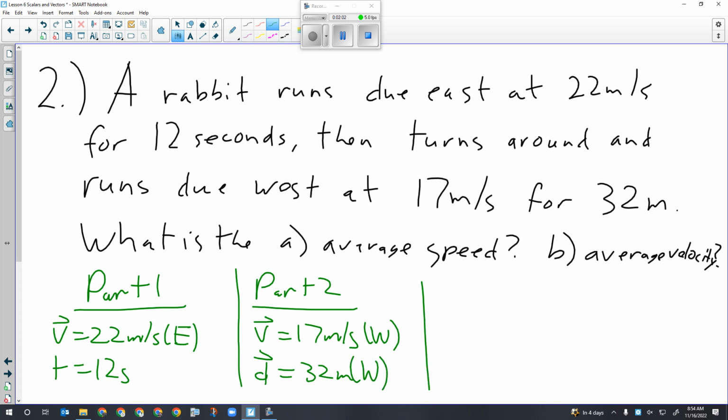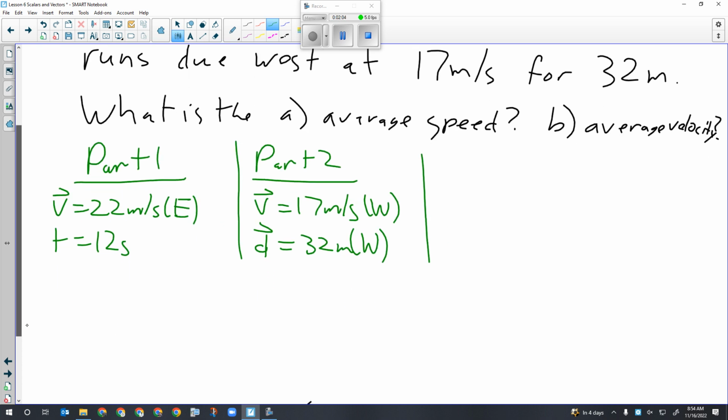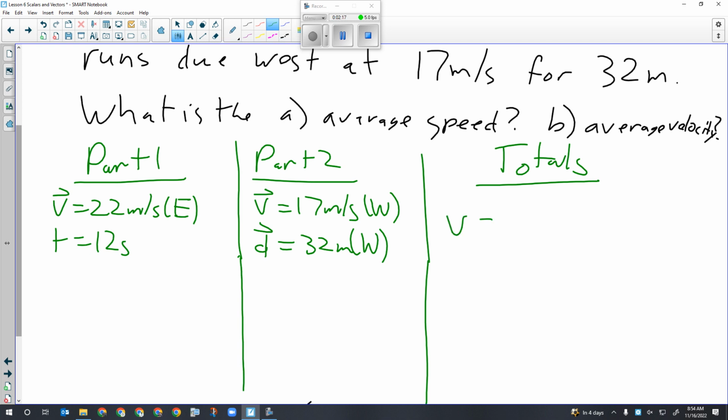Now we're looking for the average speed. So I've got my givens for part 1, I've got my givens for part 2, and I should probably look at having my totals over here. Now if I want to calculate either average speed or average velocity, what two things do I need?